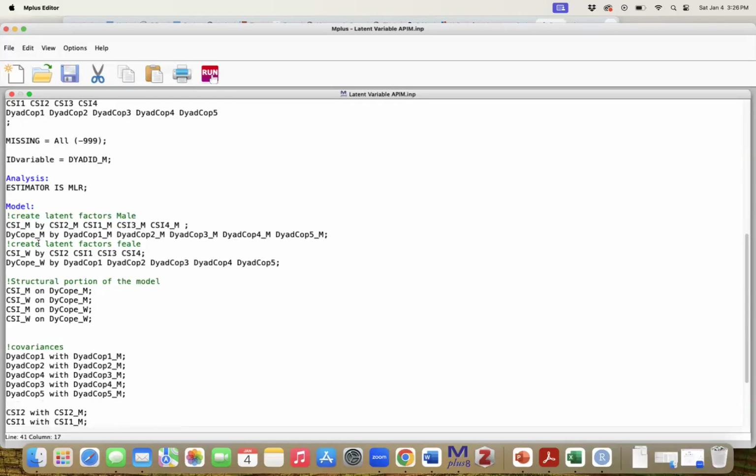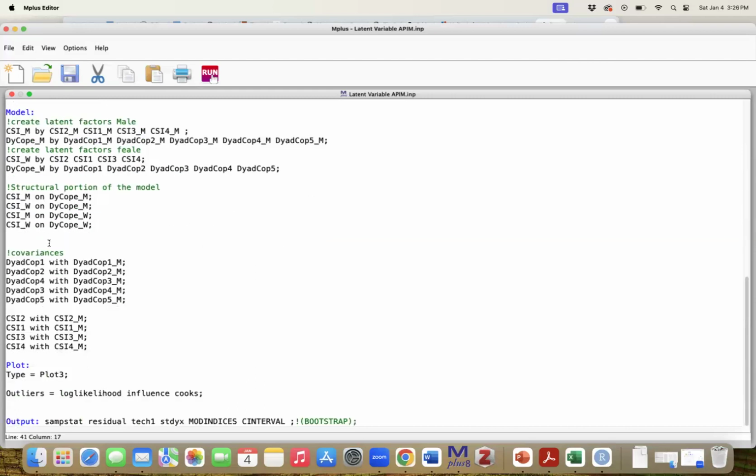All right, so moving into our MODEL command, the first thing that we are going to do is specify our four latent variables. First, relationship quality, measured by the Couple Satisfaction Index, specified by those four items.